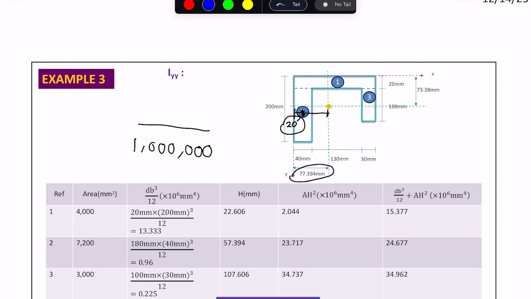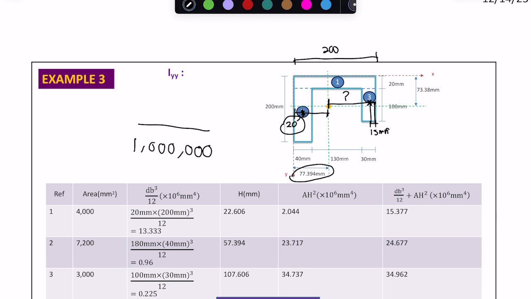And get the value of H. It will be around here, the centroid of section 3 to the overall centroid. It should be here, it has a balance of 15 mm, because 30 mm divided by 2 is 15 mm. The overall distance is 200. So 200 minus 15 mm, so this part is gone, because we only want this distance.